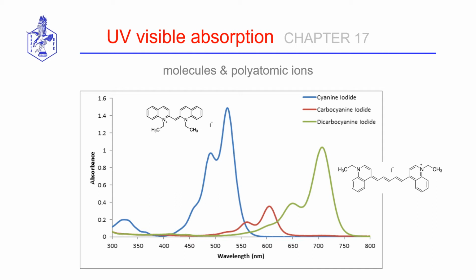And for instance, this cyanine iodide species, the blue spectrum, here's the structure of that species, and you get several absorption maximums. There's one that occurs at this wavelength, and now we've got another that occurs at this wavelength, and we have a feature over here at this wavelength. So that is due to those characteristic valence electron energy transitions between the molecular orbitals.